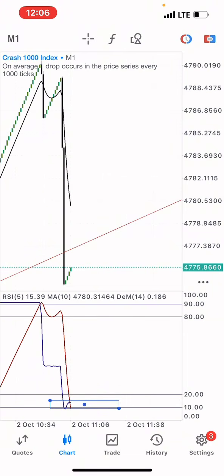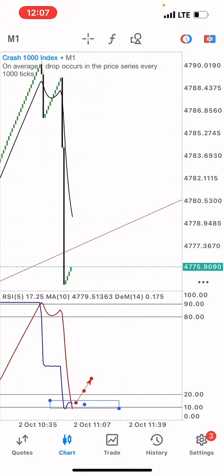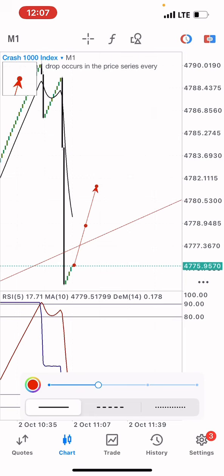The indicators have to come to level 20 and level 10, converge, and then start moving upwards from there. And that would be a signal. And by that time, I also want to see that the moving average is riding below my price region. Price is running across the moving average, while the moving average is running under price level.